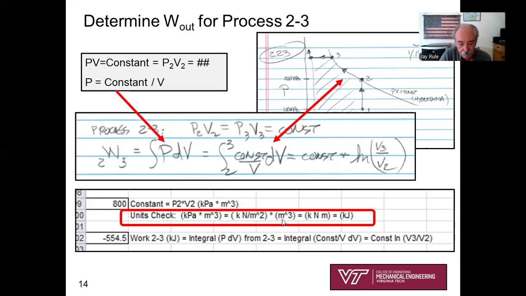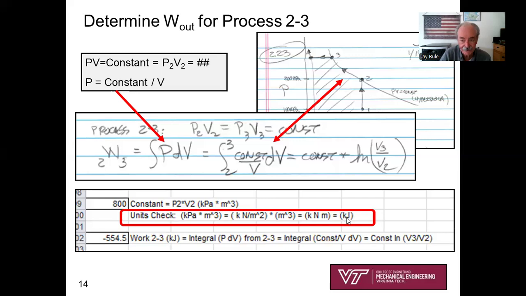And now I can visually see, okay, I've got meters cubed in the numerator, meters squared in the denominator. They're going to cancel. So I've got units for my constant of kilonewton meters. Well, what's a Newton meter? That's a joule. So sure enough, the units of my constant are kilojoules.